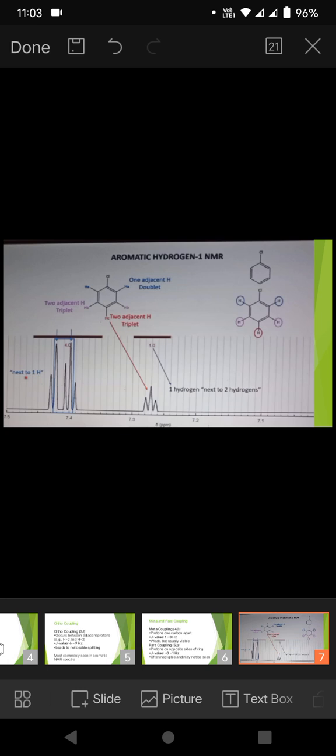This is because of the aromatic ring and the electronegativity of chlorine. So the chemical shift appears downfield, which is 7.0 to 7.5 ppm. The splitting pattern is a multiplet due to the coupling between non-equivalent protons on the ring.